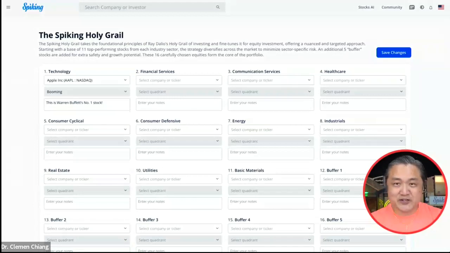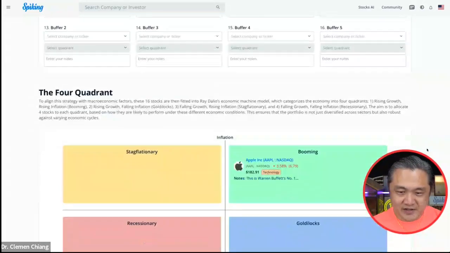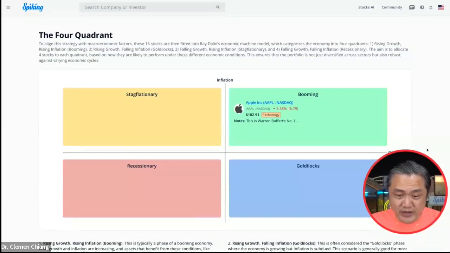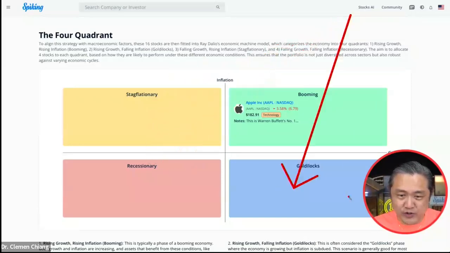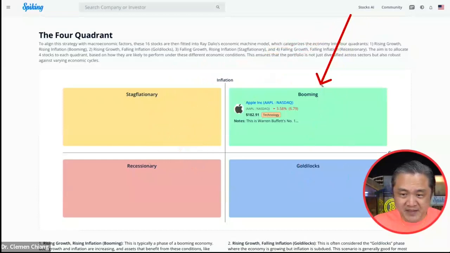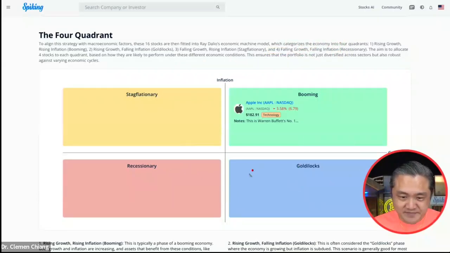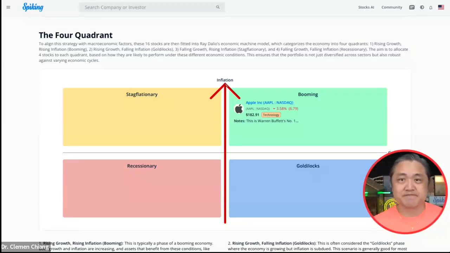Now with this backdrop, it is still not complete. Why? Scroll down. Once we have selected among the 4 quadrants, we have to decide, of all these 16 stocks, whether they fit into the 4 quadrants of the economy. So right here on the vertical line, let me explain. This is your y-axis, pointing up. It points to the word inflation.